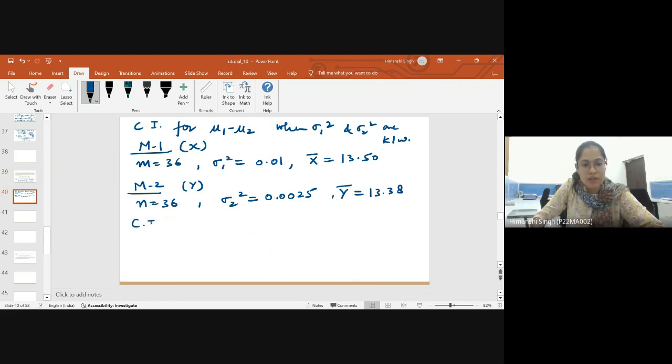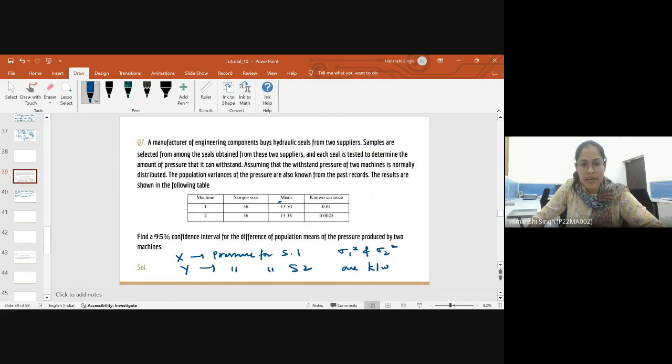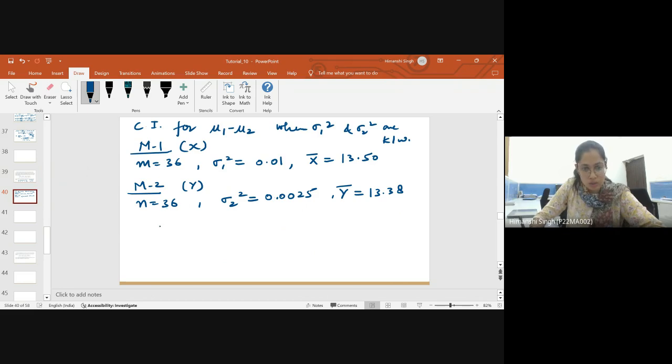Let me first write the value of alpha here also. We need to find the 95% confidence interval, so alpha is 0.05, and alpha by 2 will be 0.025. So we need Z alpha by 2. We already calculated this Z 0.025 for that problem.